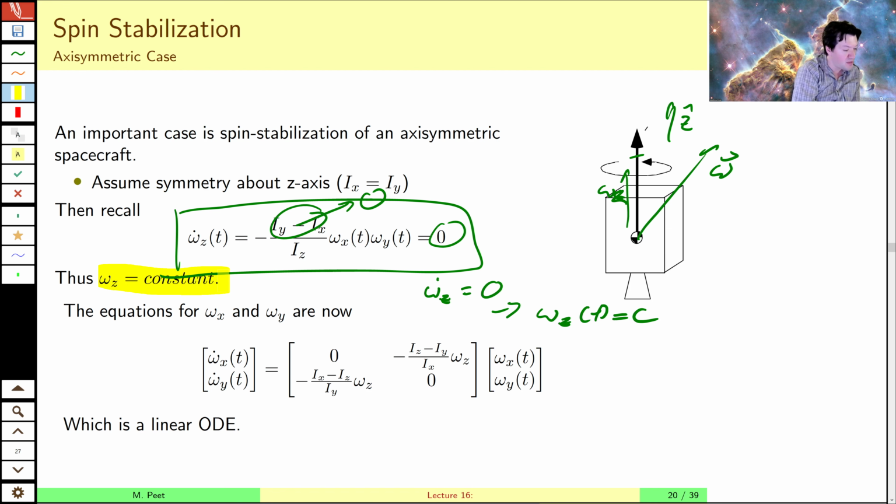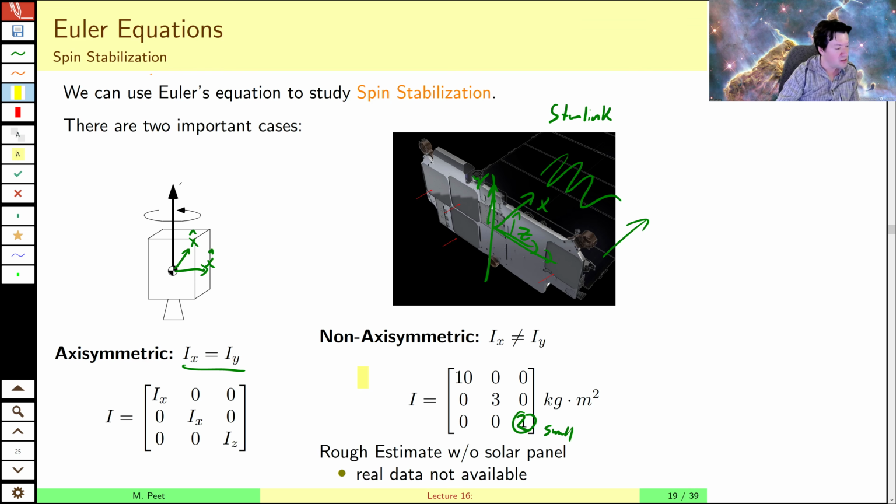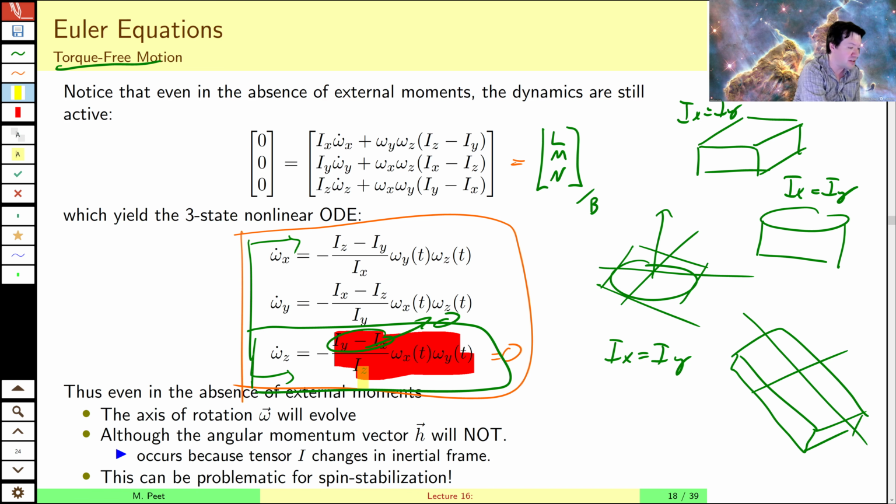So now, if we write out our remaining equations of motion, omega z is not 0. It's constant, but it doesn't change with time, and so we can pull it out of the equations. We get something which, while it was originally nonlinear, with cross products here, not linear in the state variables, which are omega x, omega y, and omega z.